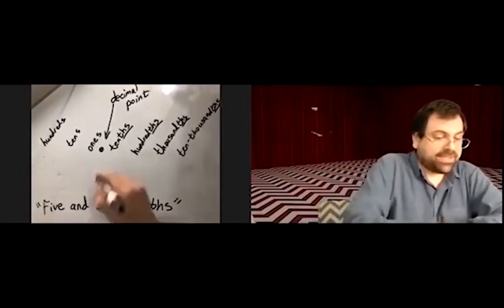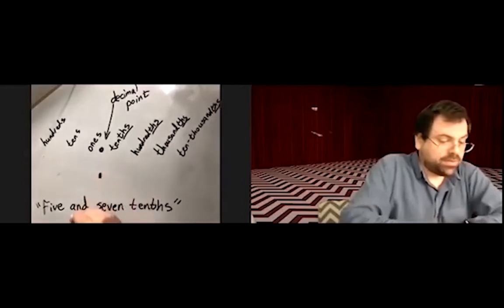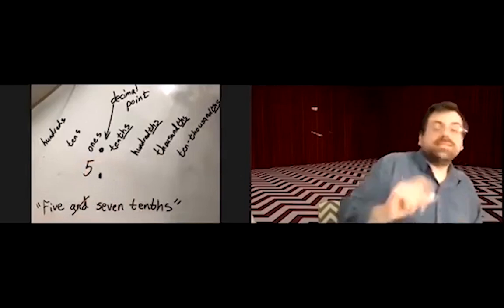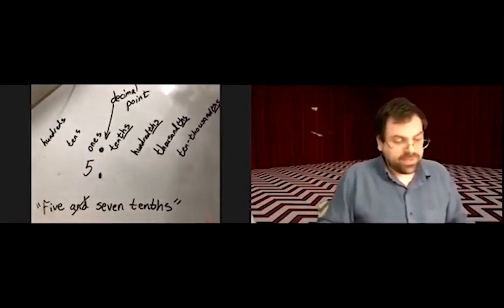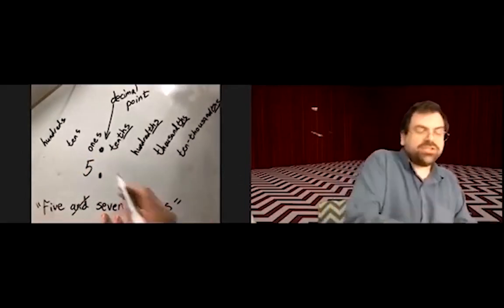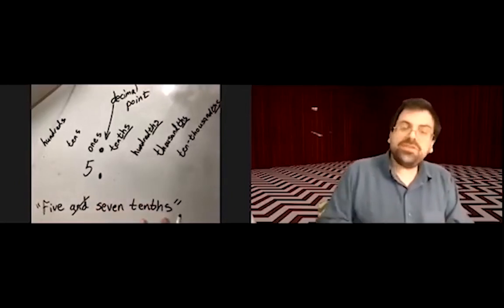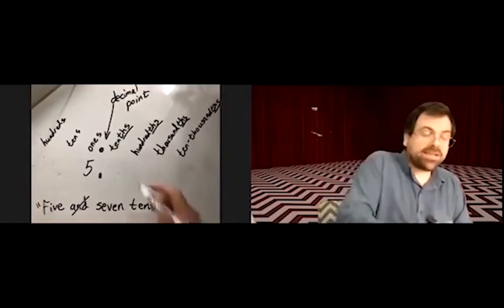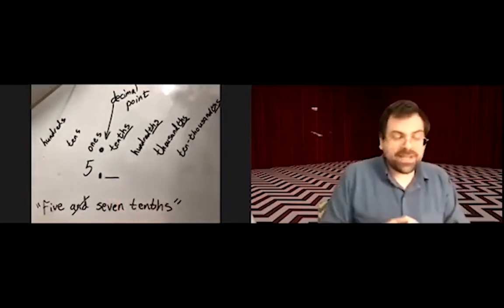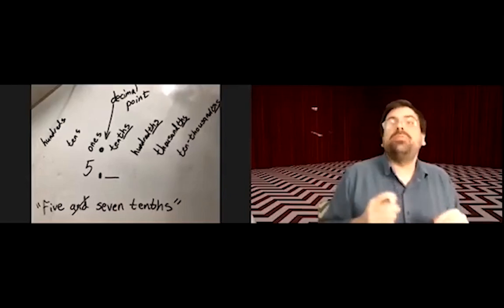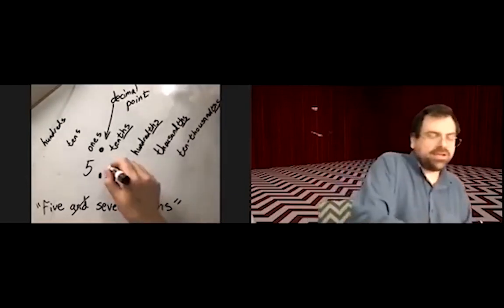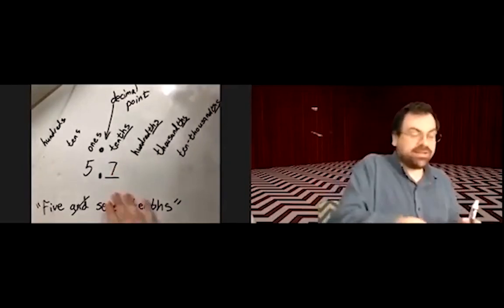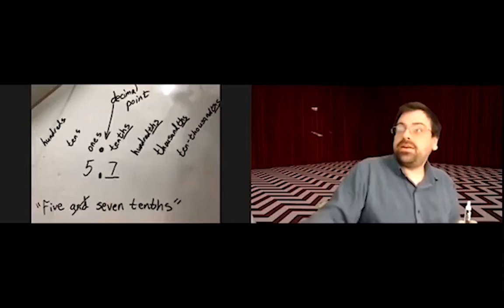Well, the and is the decimal point. 5 must be the number we write before the decimal point. And then we can't just start writing 7. What we have to do is look at where it ends. We see it ends with tenths. We have to identify the tenths place and make sure the number ends in that spot. So 5.7, there was no worry there.